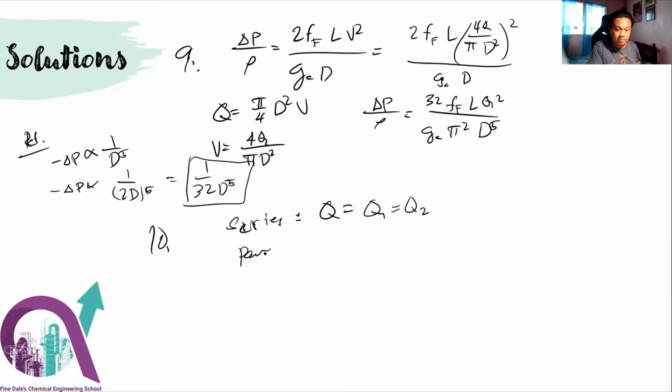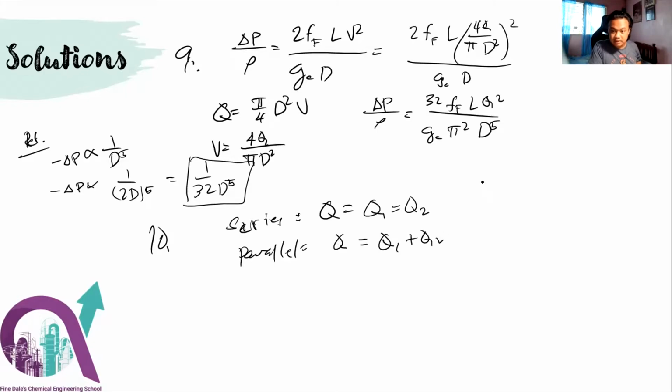Kung parallel, it's just the sum of the two. The overall, it's just the sum of the two.